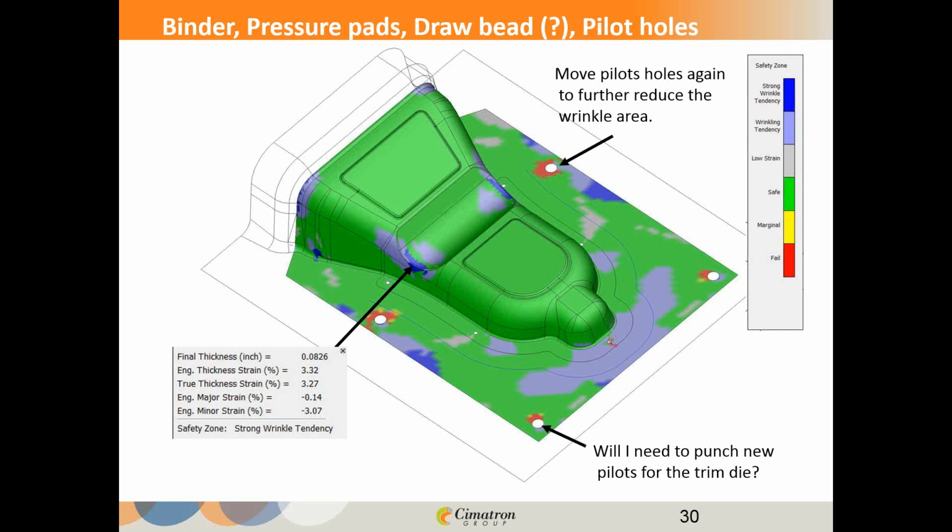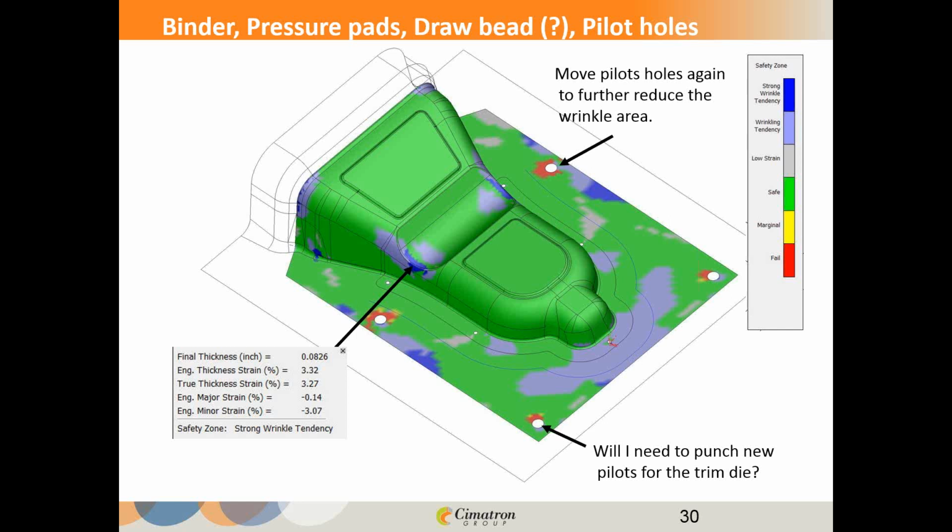It's to be expected that you're going to have tear areas on the pilot in this sort of design. It's just how it is. But I don't see it near the part edge, and I don't see it where it's necessarily going to hinder my ability to take this and put it into a trimming die. I've still got good clean edges along the pilots down toward the front of the binder.